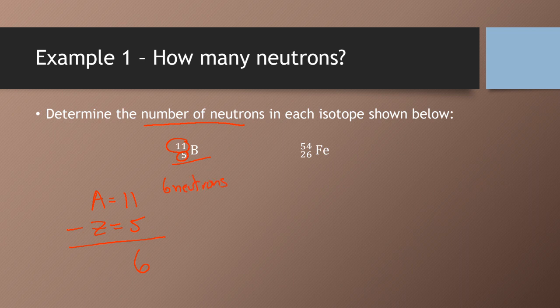And we would do the same thing here. To find the number of neutrons in iron 54, we would just do 54 minus 26. And that'll give you 28 neutrons in this isotope of iron.